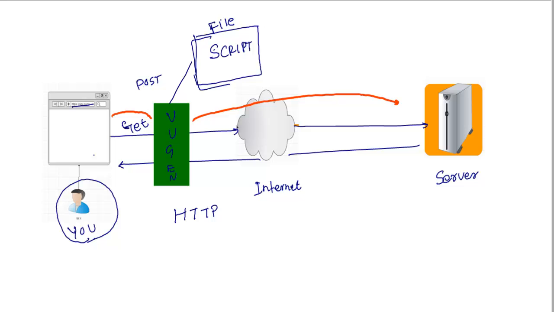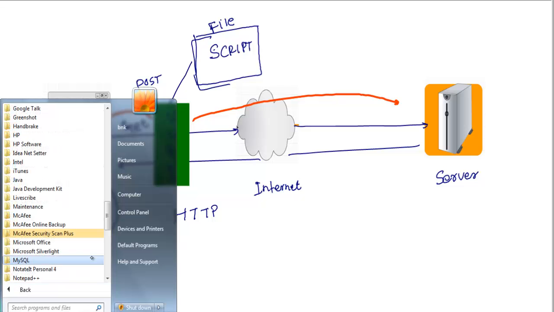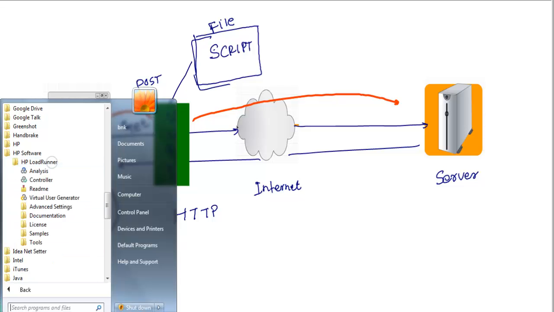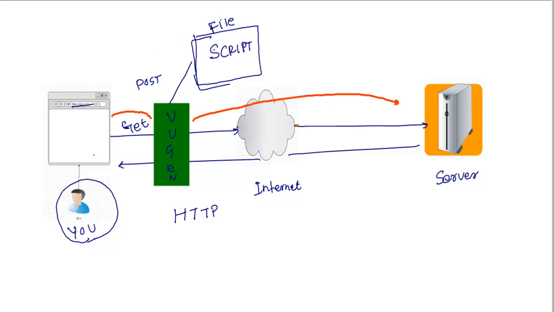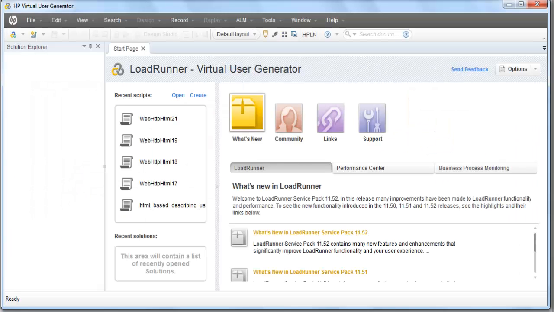If you have installed HP LoadRunner, go to Start, then All Programs, and you should see HP Software and then HP LoadRunner, and you will see Virtual User Generator. Click on this to start up the Virtual User Generator. In my case it is version 11.52, and this is what you have right now. This interface is called the Virtual User Generator.